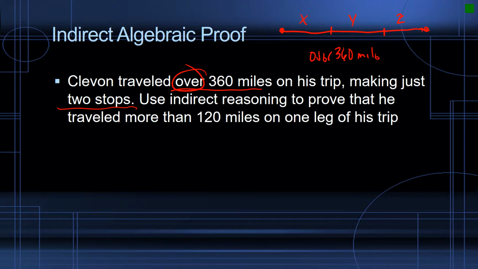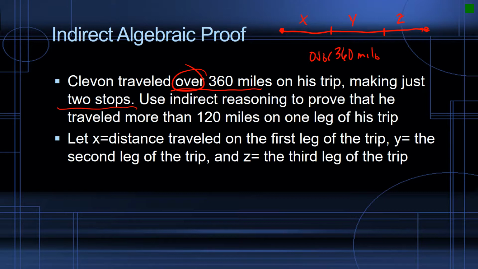All right, let's continue. So let's see, let X equal the distance traveled on the first leg. Okay, well, check. And Y equal the second leg, check. And Z equal the third leg of the trip. Okay, well, we can handle that.